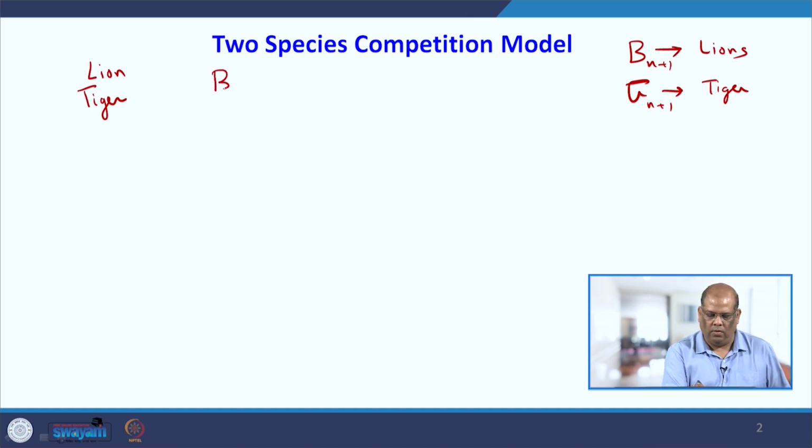So, B n plus 1 will be the number of lions at time n, plus, suppose they grow at a rate alpha 1.